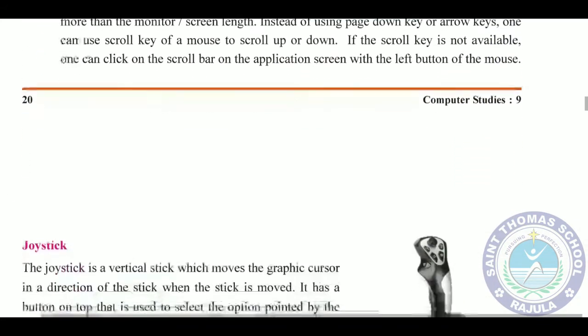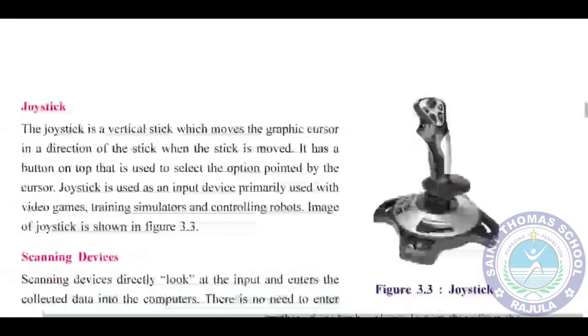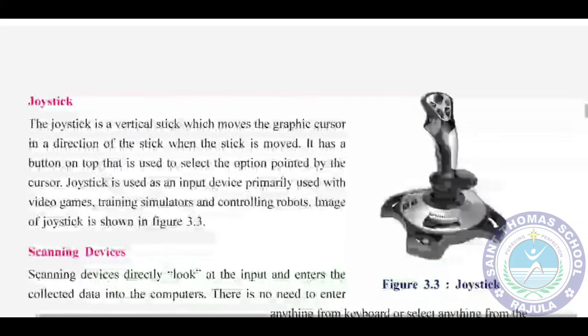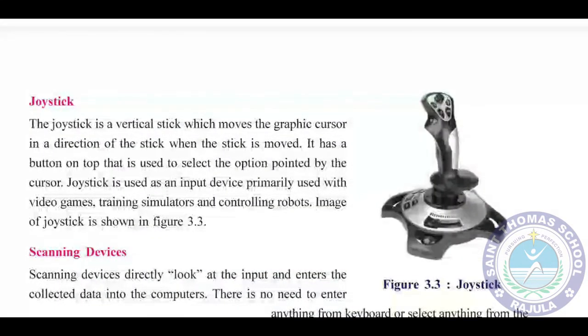Then the next device is a joystick. A joystick is a vertical stick which moves the graphical cursor in the direction of the stick when the stick is moved. Here you can see the image of a joystick, figure 3.3. One stick is at the center, just like a stand with a vertical stick.